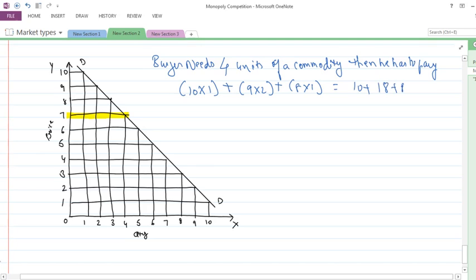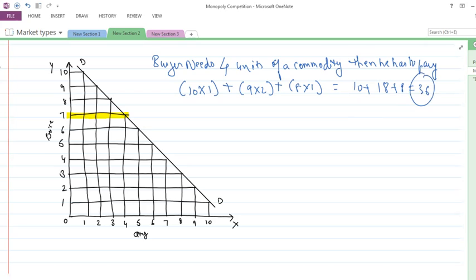So what would be the price? He will be paying 36 rupees in this case, if he is buying in this manner: 10 for 1, 9 for 2, 8 for 1. If he goes on buying in this manner, then this is how he would be paying. The consumer would be charged in this manner.